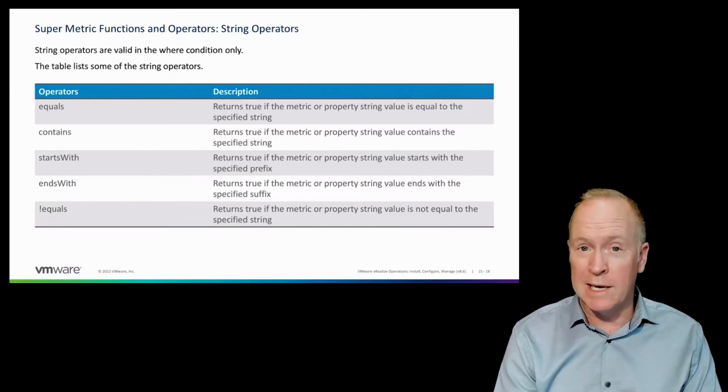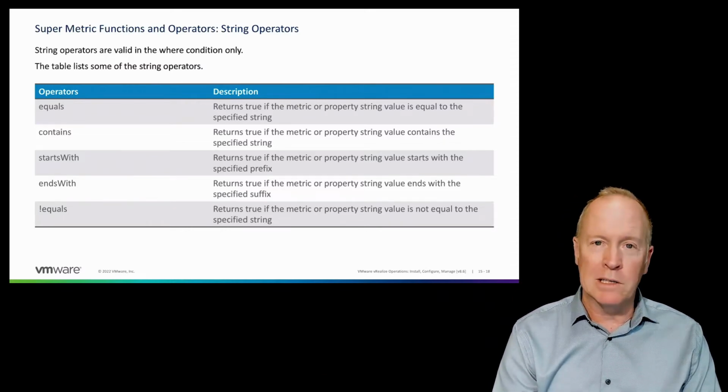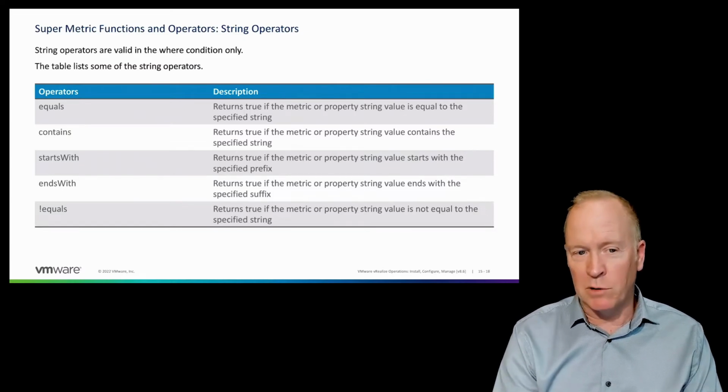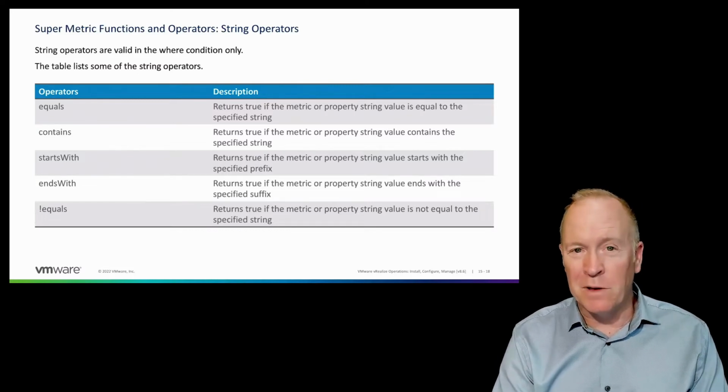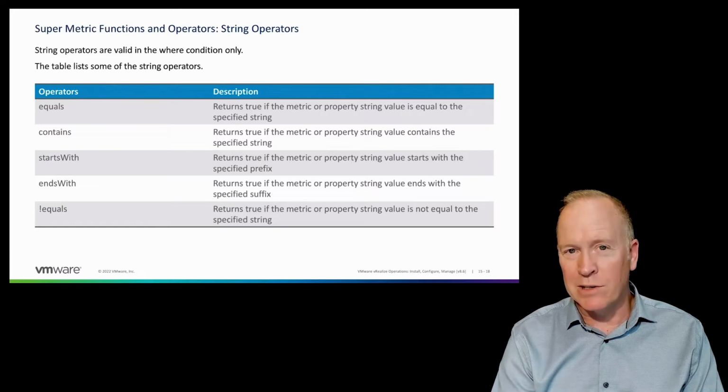For instance, you can test to see whether the value of a performance metric is equal to some string. Or you can say, I want to know if the supermetric contains a particular string. You can pause the video here if you'd like to read through all these, but in general, these are all string operators.